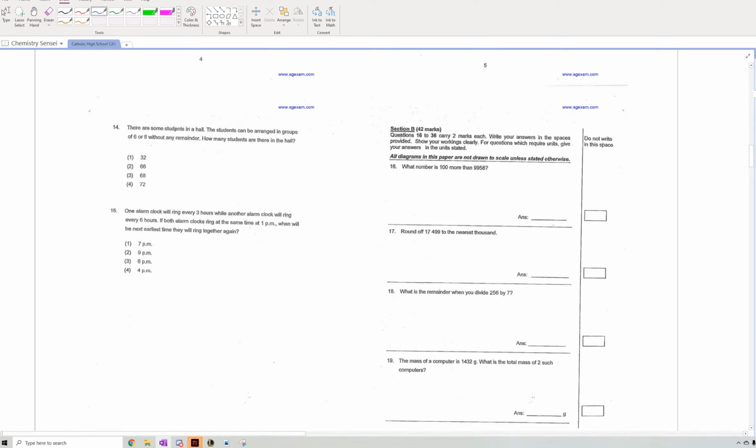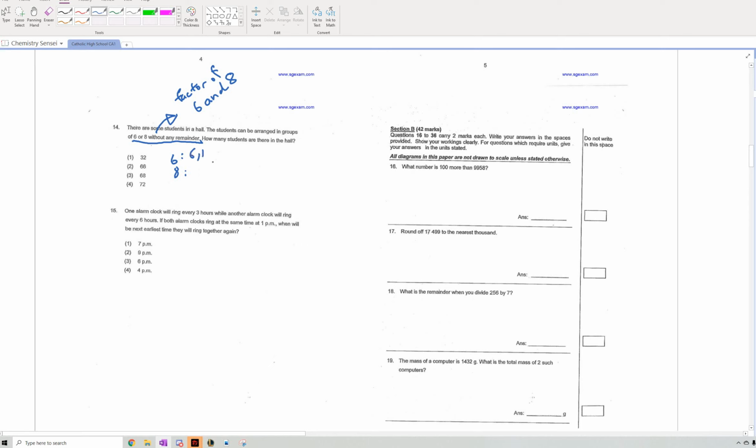Question 14. There are some students in the hall. The students can be arranged in groups of 6 or 8 without any remainder. This part over here tells me that the number has the factor of 6 and 8. So it is a multiple of 6 and 8. Let's begin by listing down the multiples of 6.